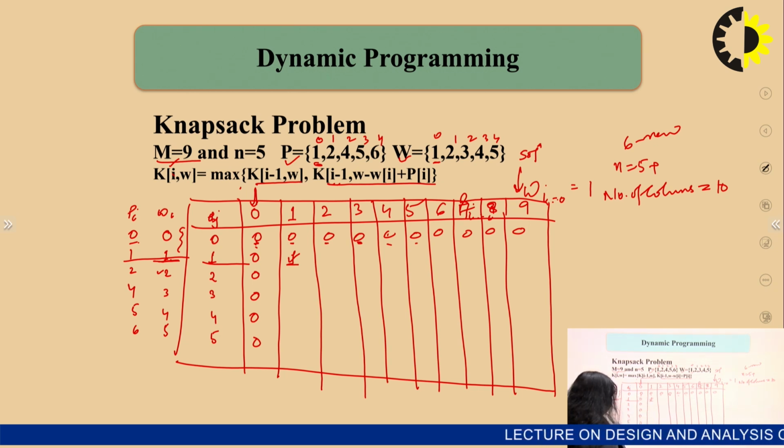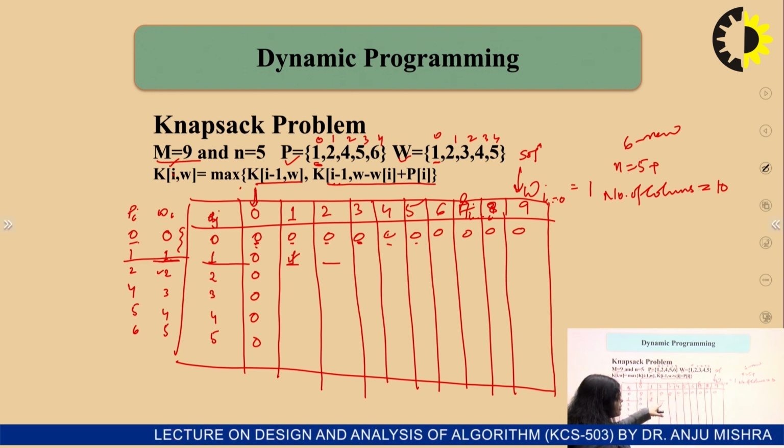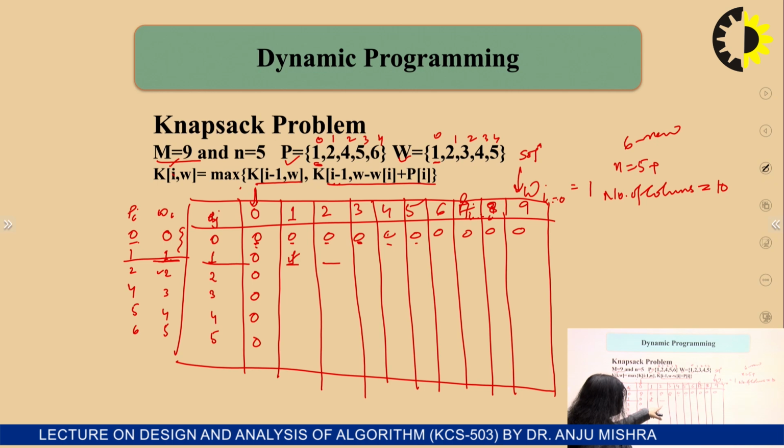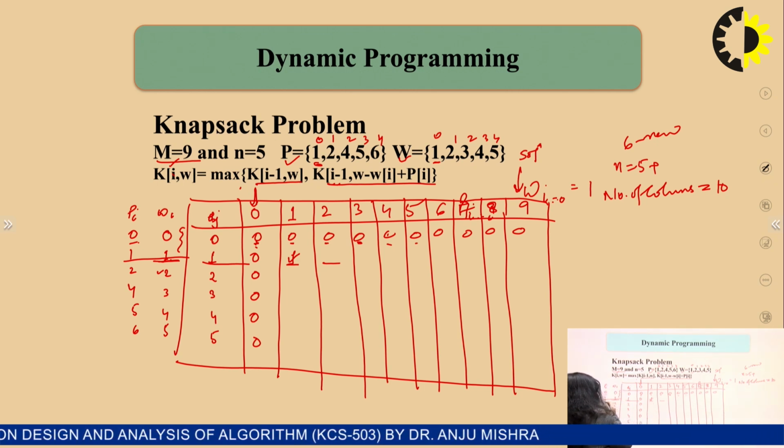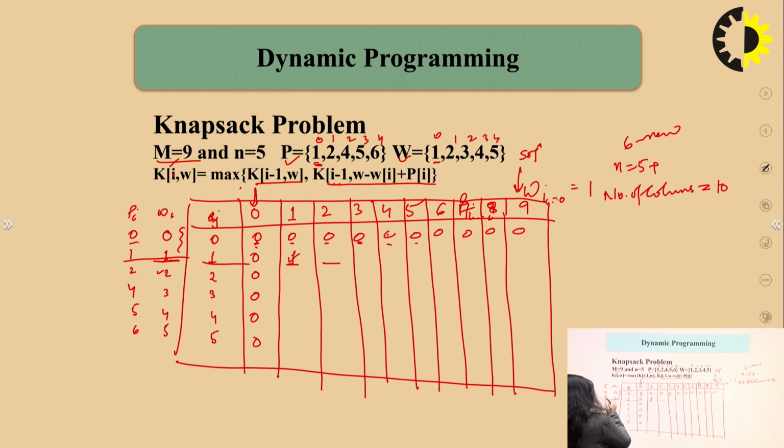If I go to this column, it says that the maximum weight that I can put inside the knapsack is 2 units now, but since I only have one object which has a weight of 1 unit, I can only put this one single object here and make the maximum profit as 1 only, right?